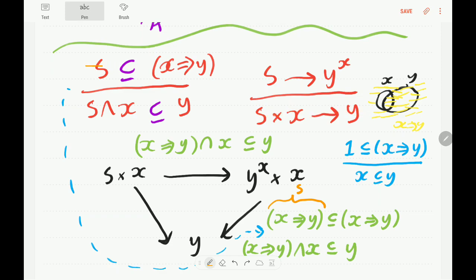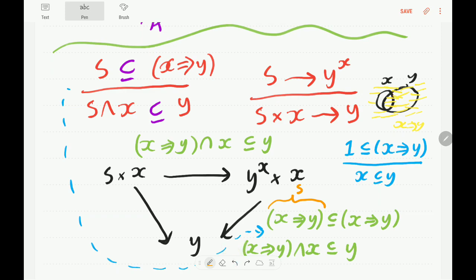In general, S is contained in X implies Y if and only if S intersection X is contained in Y. So for example, this subset S is such that S intersection X is contained in Y, and therefore S is contained in this yellow subset X implies Y.